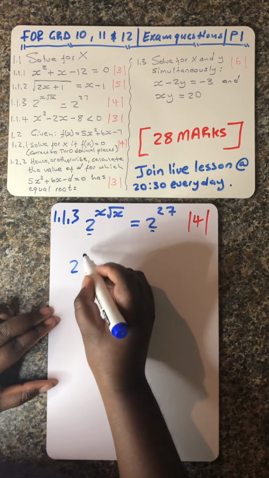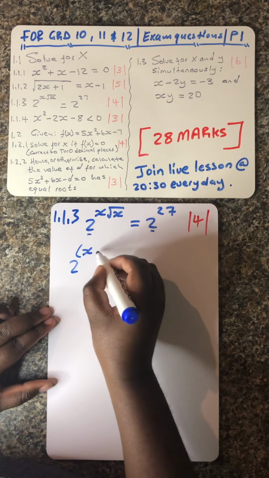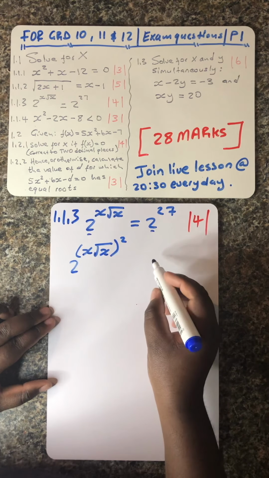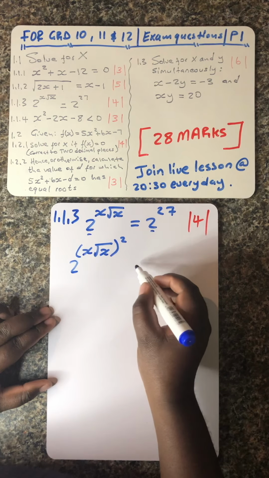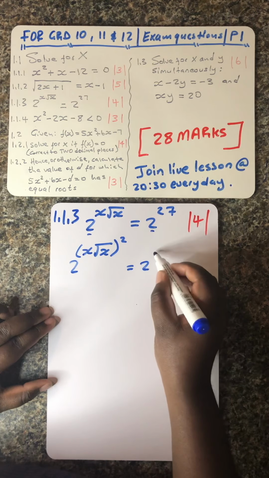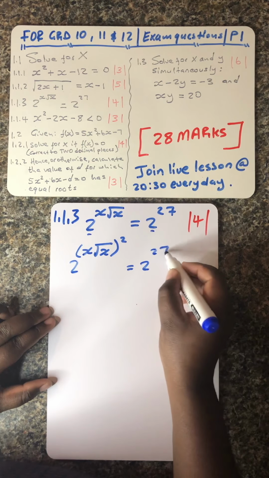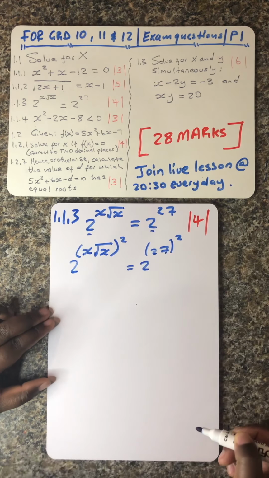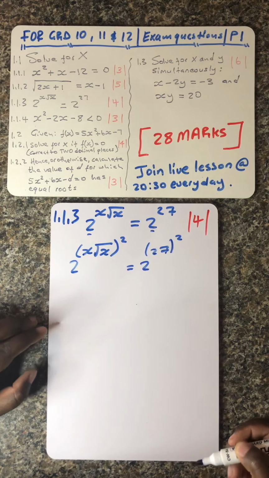So we've got 2 to the exponent, let's say, square root of x. I'll just explain that shortly. And again, which is equal to 2 to the exponent, let's say, 27. I just want to show you ways in which you can approach this question, and then from there I'll do the simplest method.